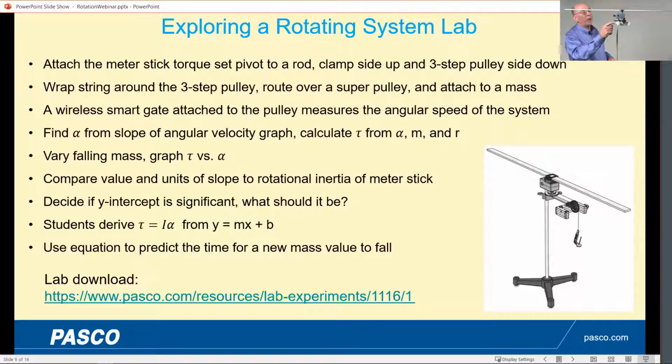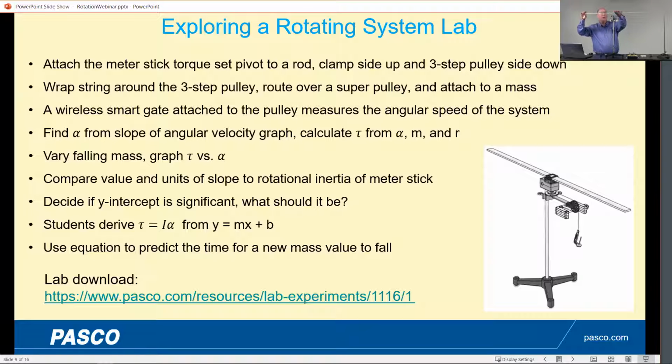Now, attached to the pulley, I have a wireless smart gate, and I'm going to set it up to measure the angular velocity of the pulley. That string is going over that pulley, so its angular velocity is going to be the same as the angular velocity of this other pulley, which is also fixed to the meter stick.